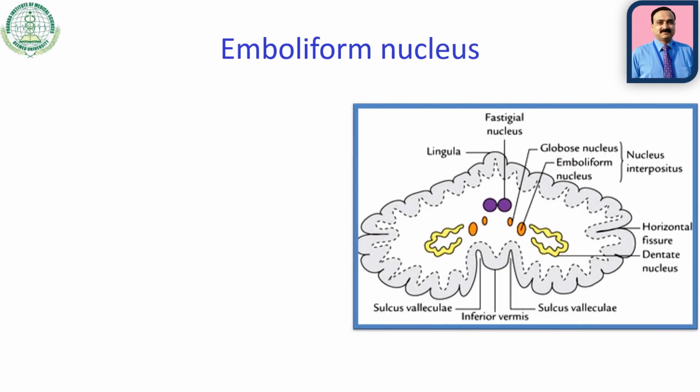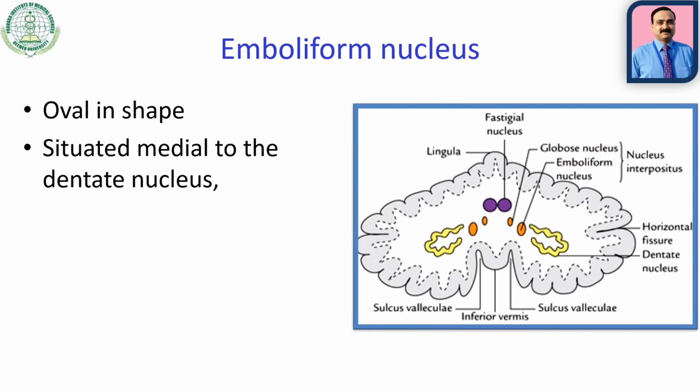Coming to the second nucleus, emboliformis nucleus. If you see, this one is emboliformis. It is oval in shape, situated medial to the dentate nucleus.